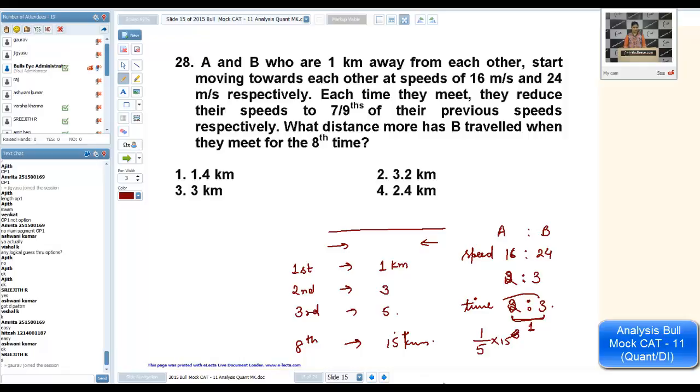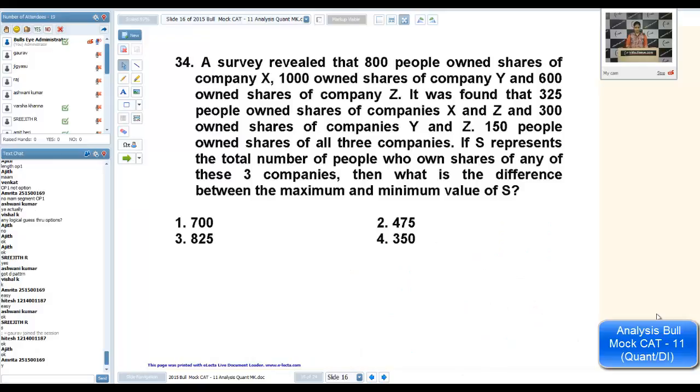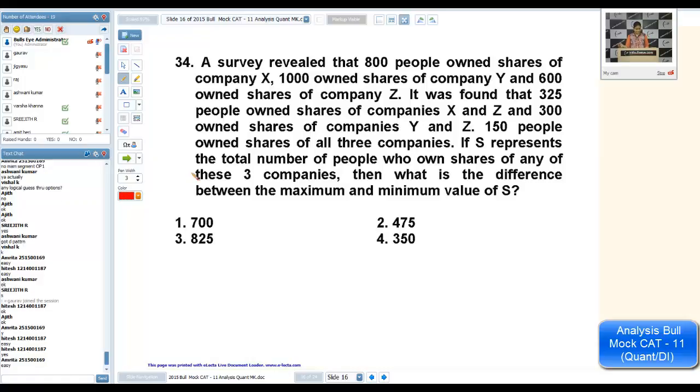Is it okay, all of you? Okay, let us move. 34th, easy. I think many people are not comfortable with Venn diagrams, so I'll not say this is an easy question, rather this is of medium level. Okay, any problem in this? Okay, Tapan.